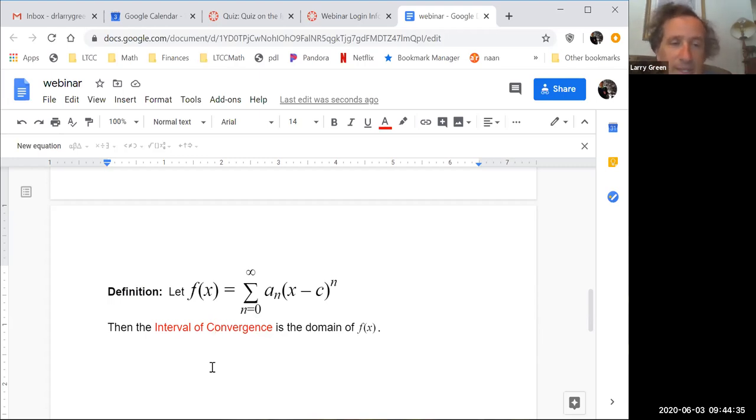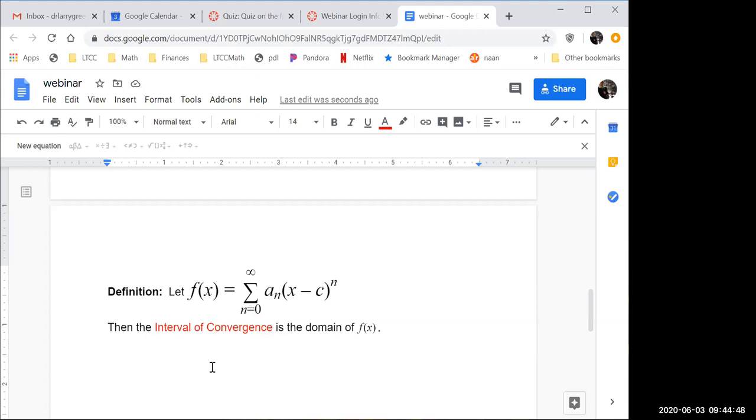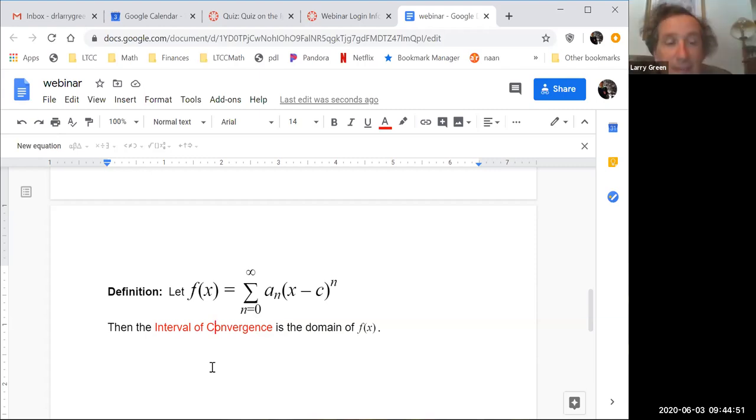All right, so just reading the words interval of convergence, it kind of suggests something. What's it going to suggest? We're bounded. It's definitely bounded, but it's actually stronger than that. The answer is very obvious. The domain of a power series is always an interval.